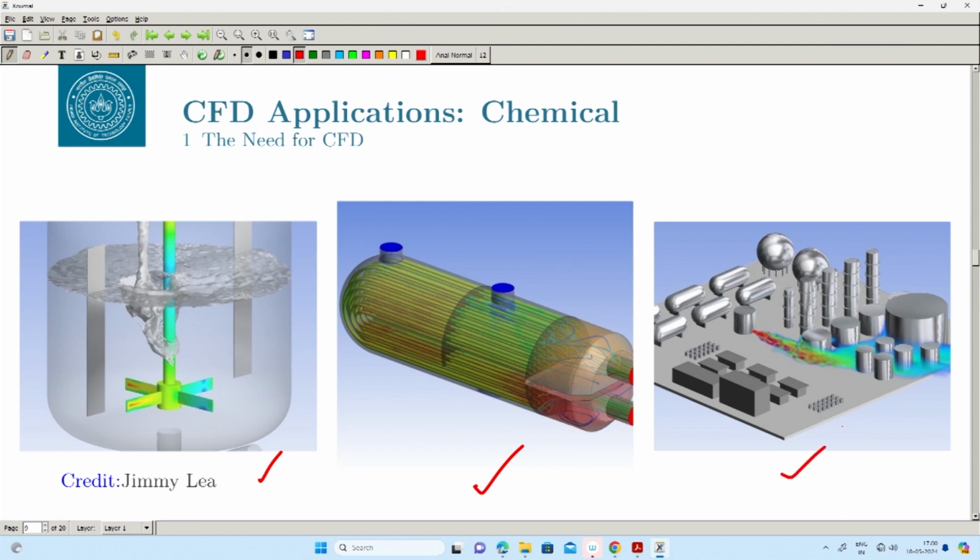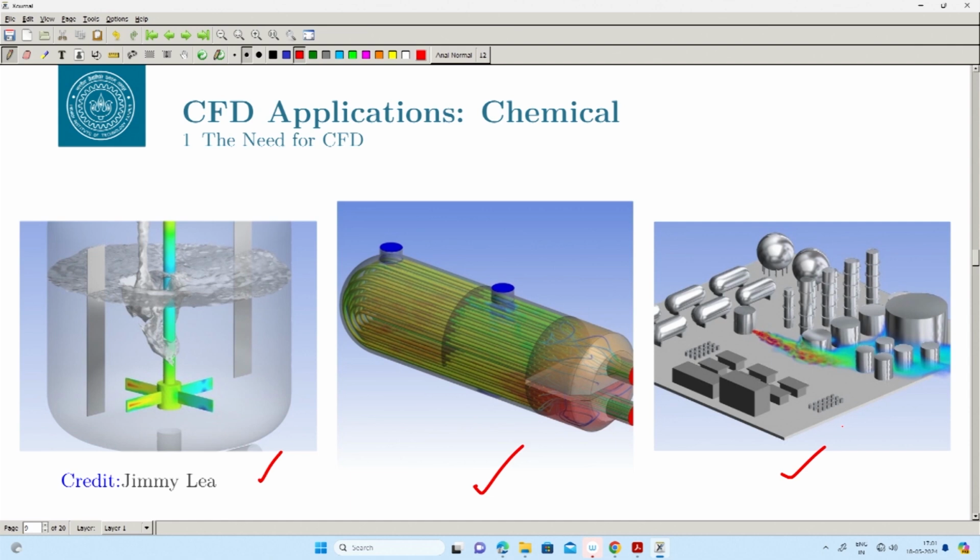The third one, let us say you are building a factory, and there are some pollutants coming out, and there is a residential area, and you want to find out how these pollutants are going to disperse, or whether you are following the norms or not. So, you could do the simulation, and accordingly set up your factory, right. So, for every design you come up with, you perform the simulation early, and based on that you make your decision.